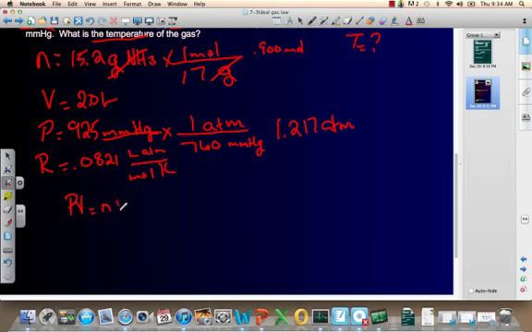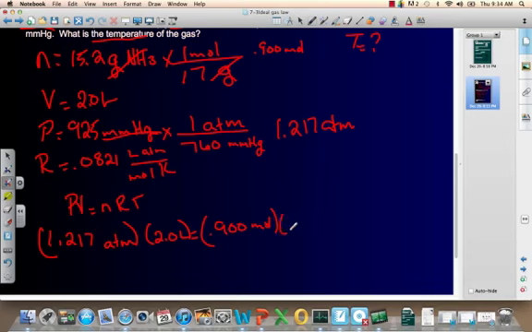All right, so PV equals nRT. I know that my pressure is 1.217 atmospheres. My volume is 2 liters. My number of moles is 0.9. R is 0.0821 liters atmospheres over moles Kelvin.